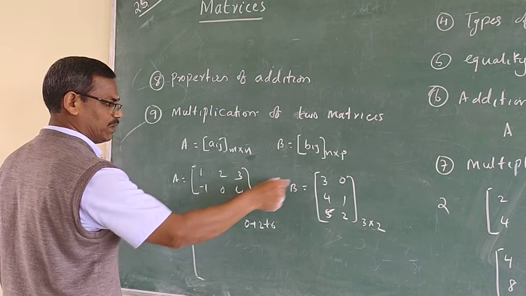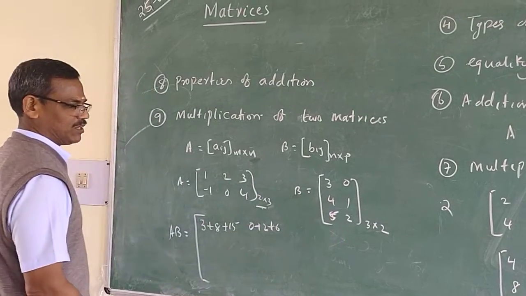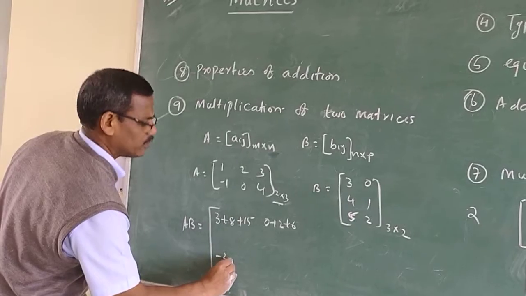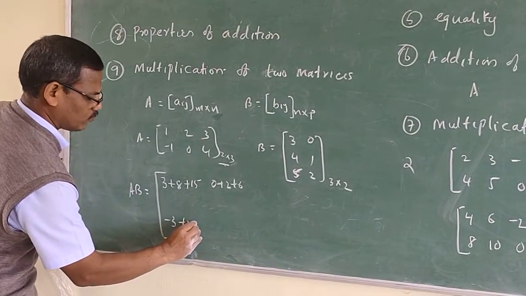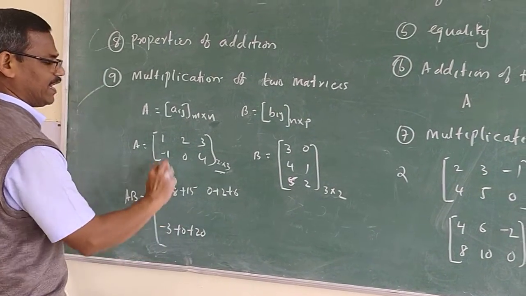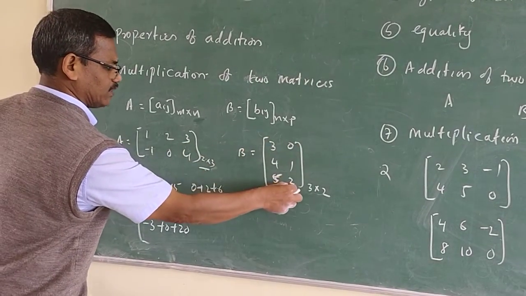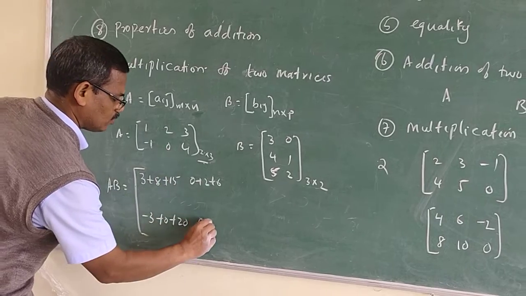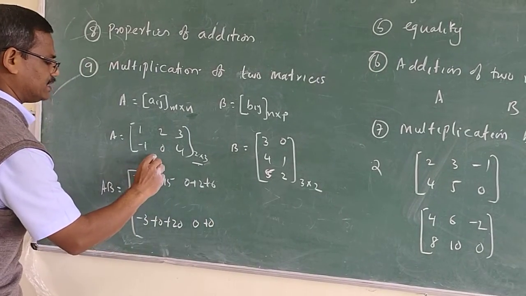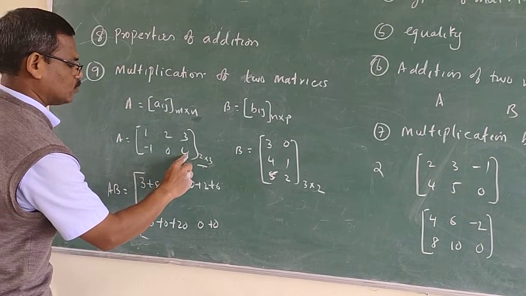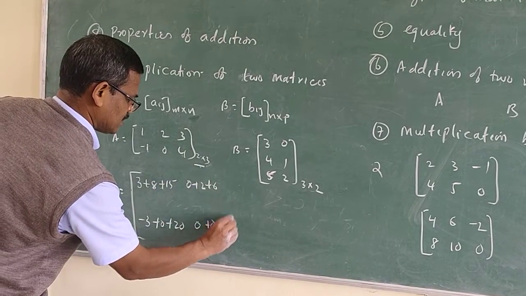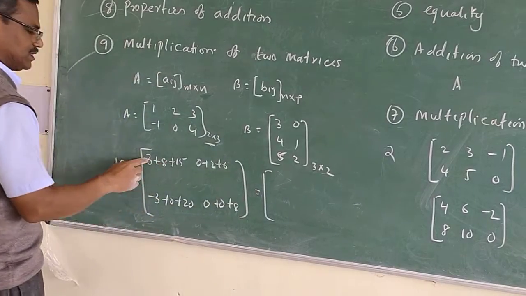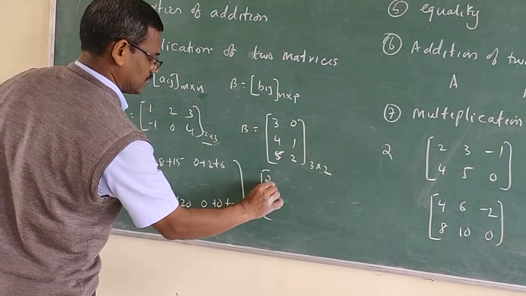Now the second row multiplied by the first column: minus 1 into 3, minus 3, 0 into 4, 0, and 4 into 5, 20. And this row into the second column: minus 1 into 0, 0, and 0 into 1, 0, and then 4 into 2, 8. So finally the answer is 8 plus 3, 11, plus 15, 26.